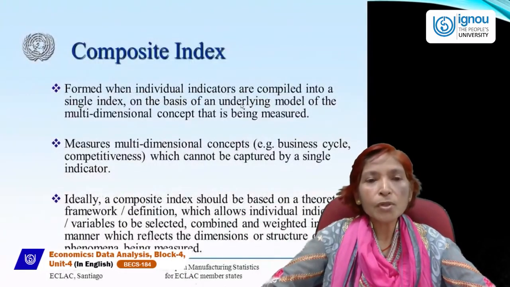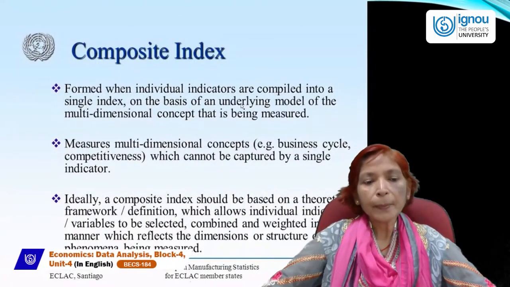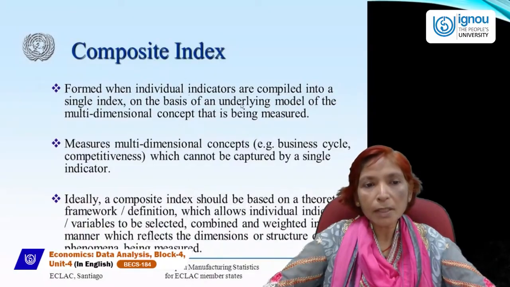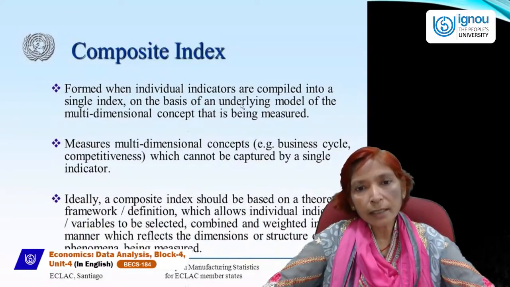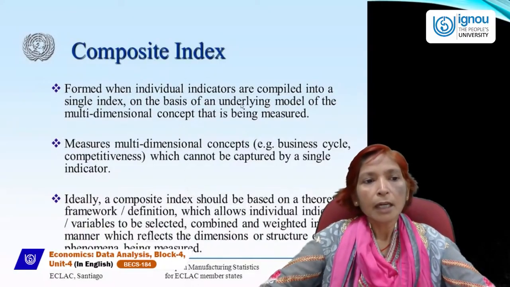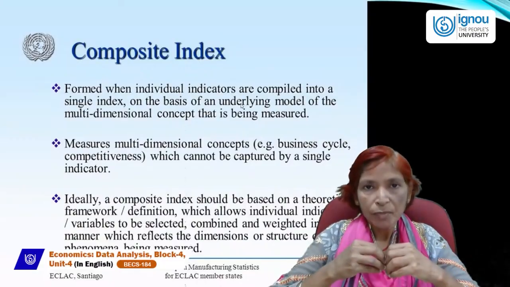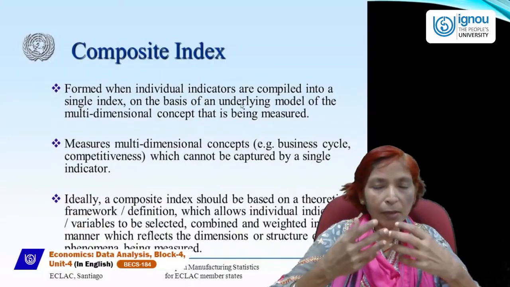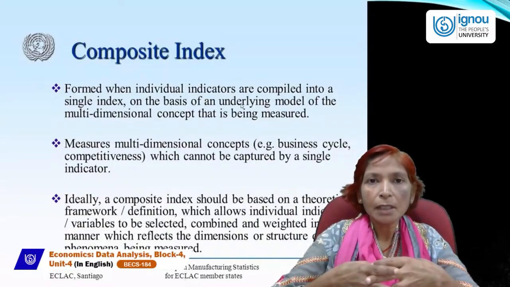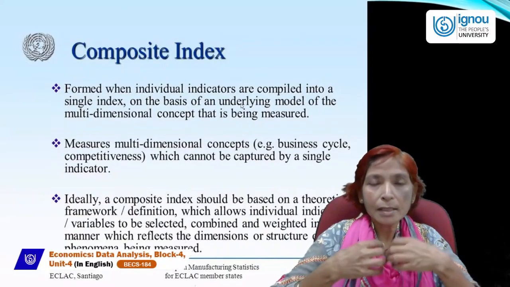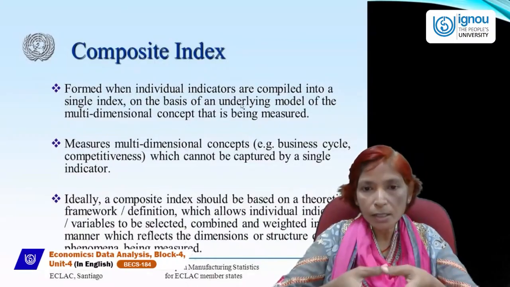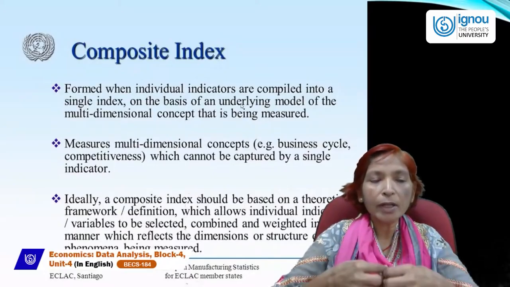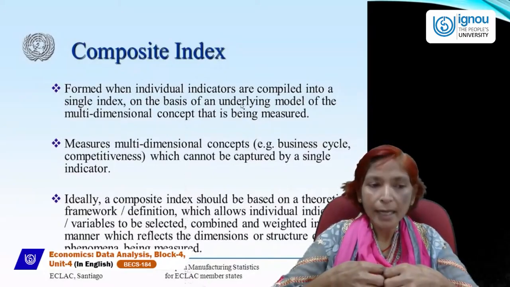Next is composite index. Now what is composite index? A composite index is formed when individual indicators are compiled into a single index. If we are taking only a single unit or single item, that will be called simple index number. But if we are taking in our study more than one item or different items, then it will be called composite index.